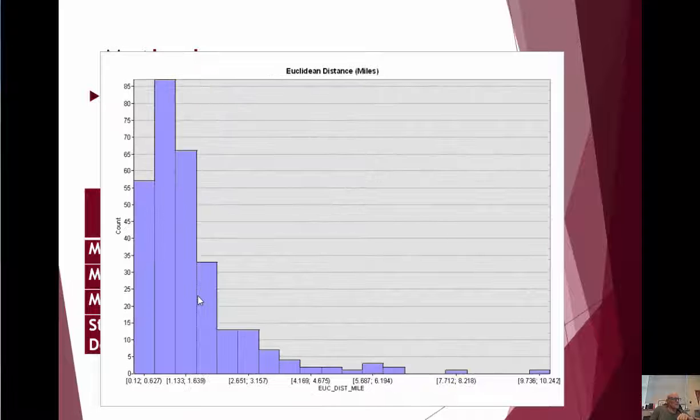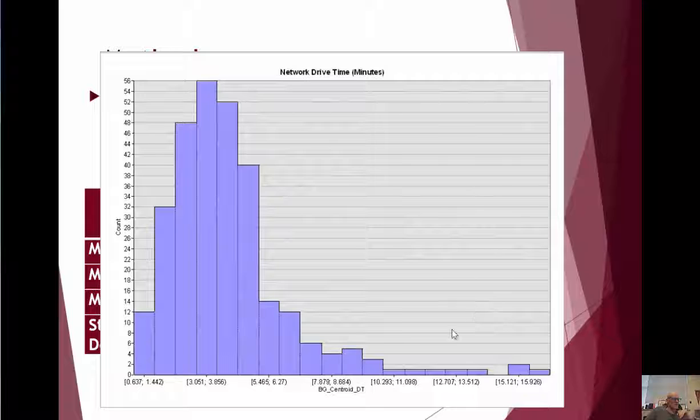And then both of these are going to be skewed to the right. You can see this outlier, a couple of outliers right here with the Euclidean distance calculation. And the same thing with the network drive time. So we've got 1, 2, 1, 1, 1 here that are more than 10 minutes. And we can do queries on all these. So we can do some market analysis. Are there enough people located in these areas?